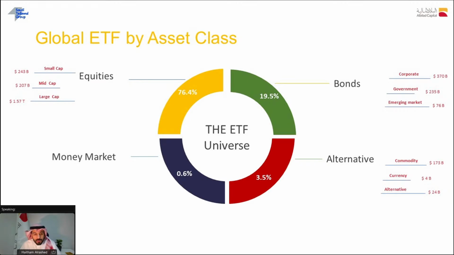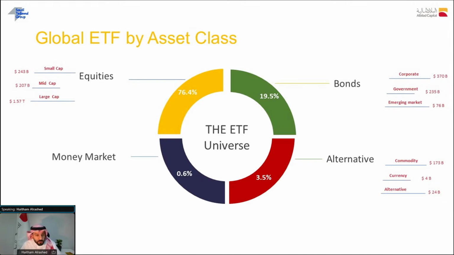So, global ETFs by asset class. Mainly the focus of ETFs globally is in equities. Then the second one is bonds, which are the fixed income instruments, followed by the alternative of money market funds or money market investments.